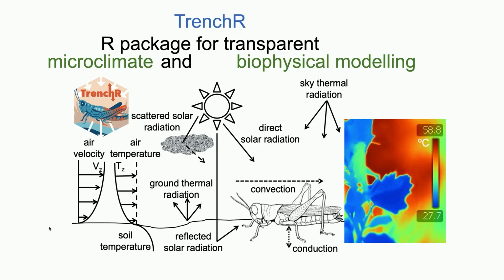And just briefly on the science side of this, again, what we're trying to do is make microclimate models more accessible so that people can understand how organisms experience environmental change. And then we do what's called biophysical modeling, so we translate these environmental drivers into things like the body temperatures of organisms.